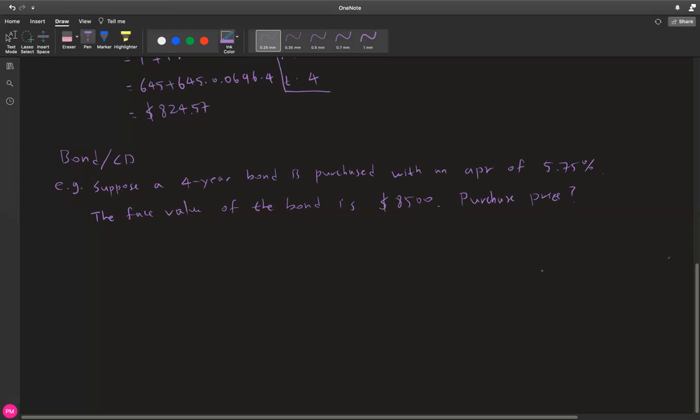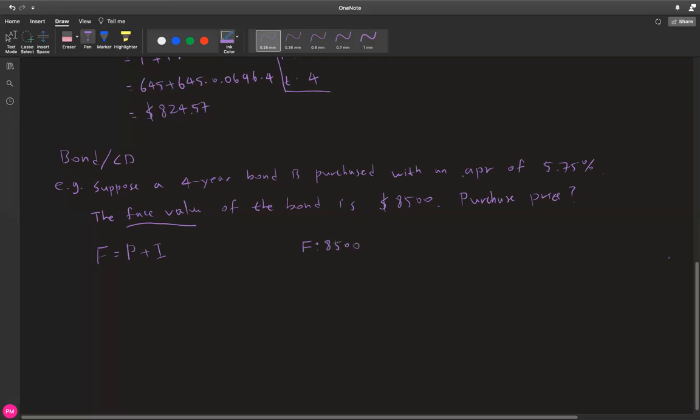So the face value is the same formula that we're using as above. The face value, we know, is given as P plus I. And let's write down everything we know. First of all, the face value is given as $8,500.